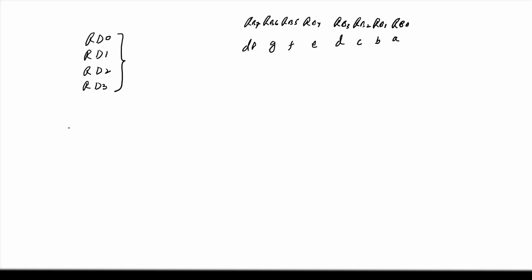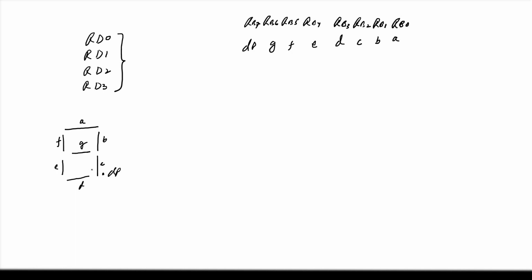And here we have the segments of a 7-segment display, that is A, B, C, D, E, F, G and dot point.